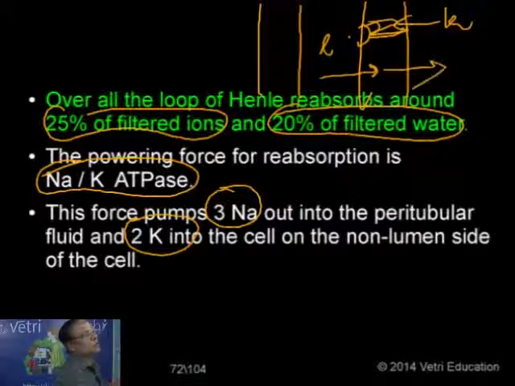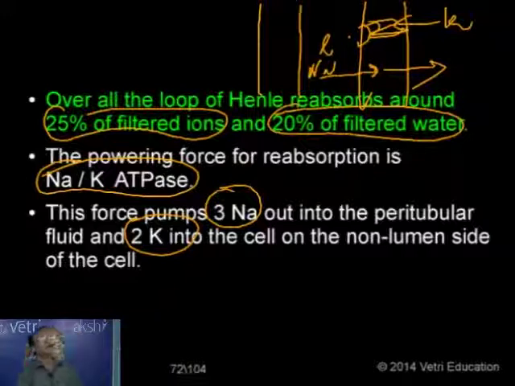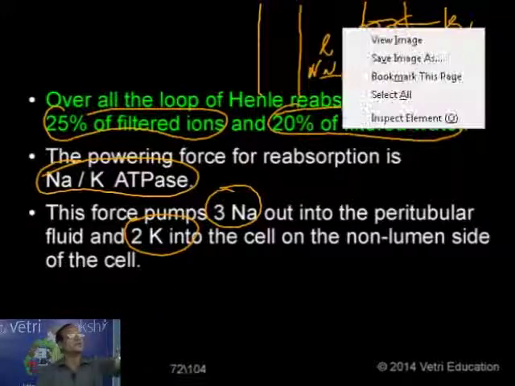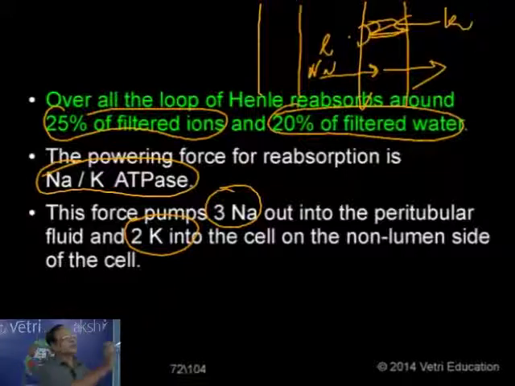So this driving force drives out 3 sodium ions for every 2 potassium ions moving into the cell on the non-lumen side. This is the lumen side of the cell, this is the non-lumen side of the cell. Here 3 sodium ions are moving out and here 2 potassium ions are moving into the cell on the non-lumen side. This is because of the driving force, namely sodium potassium ATPase, that is responsible for maintaining the osmotic equilibrium or electrostatic neutrality inside the cells.